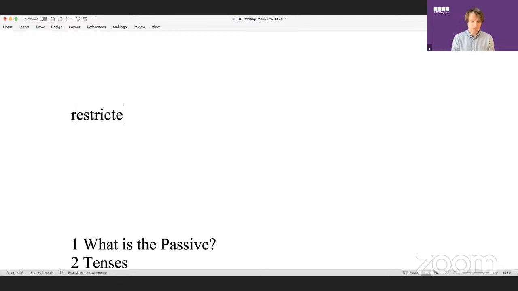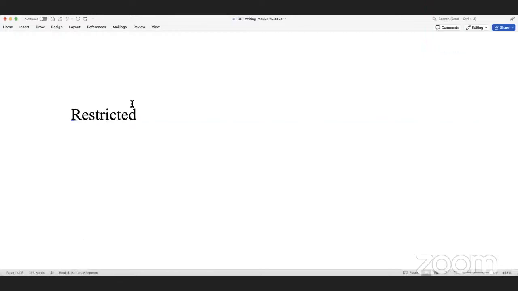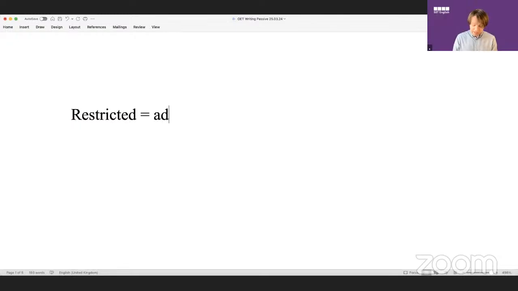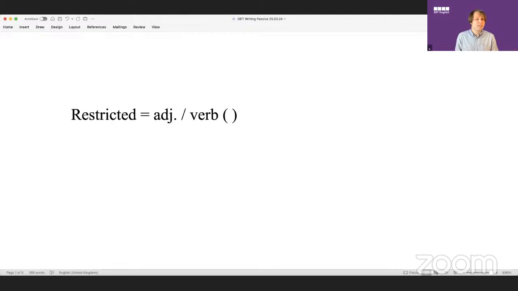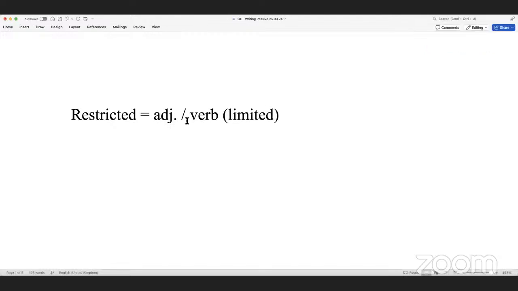Restricted. Adjective. Now, it's usually an adjective, but it can also be a verb. But usually in medicine, you'll say, oh, this is restricted. That's an adjective. Restricted medicine. What does it mean, guys, restricted? Limited, narrow, limited. Yeah, limited.